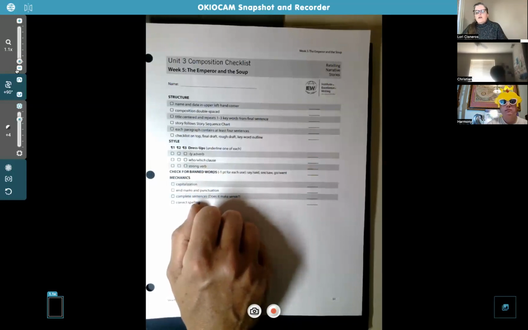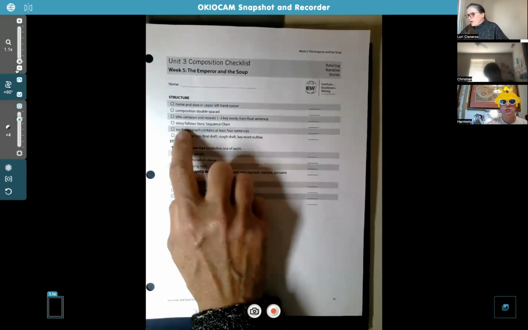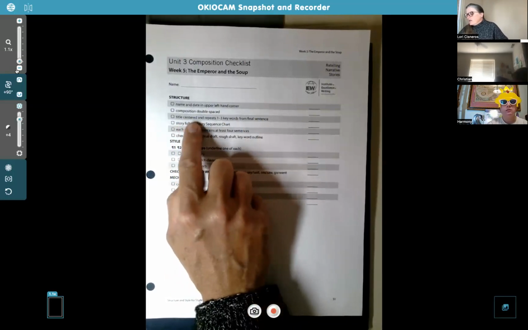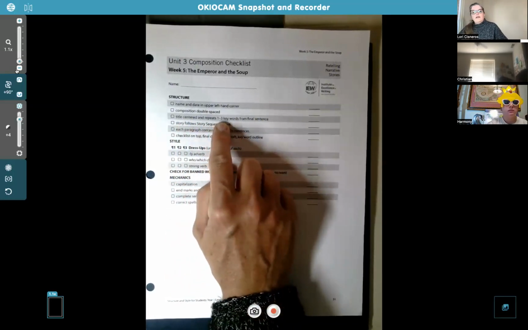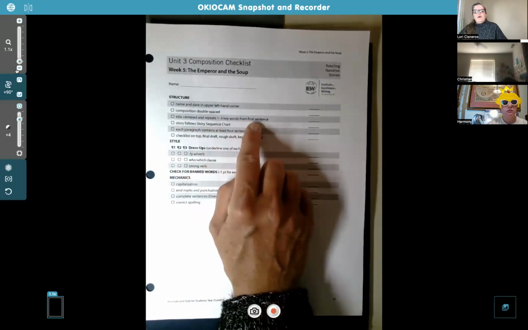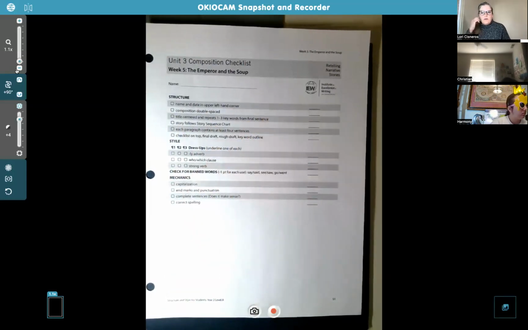Are you still working on your paragraphs, Harmony? Or you're finished? Okay, so remember the title rule right here. It says centered and repeats 1 to 3 key words from that final sentence. So think about looking at your last sentence and maybe you can come up with a new title using 1 to 3 of those key words.